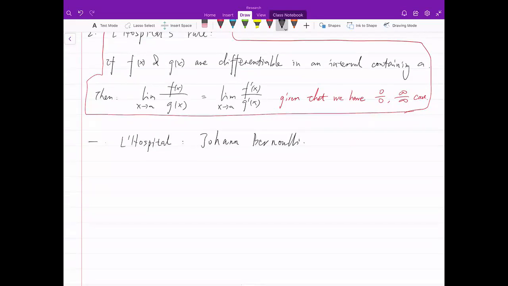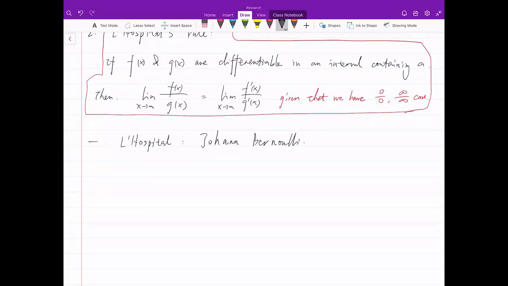He was actually tutoring L'Hopital. L'Hopital was super rich. L'Hopital just said, "Hey, Johann, let's just do some math together. You tutor me, I pay you a handful of reward. But anything we discover during the tutoring, they will be named after me." Okay, so basically that's what happened. Johann Bernoulli actually discovered L'Hopital's rule, but L'Hopital took it because he's paying.